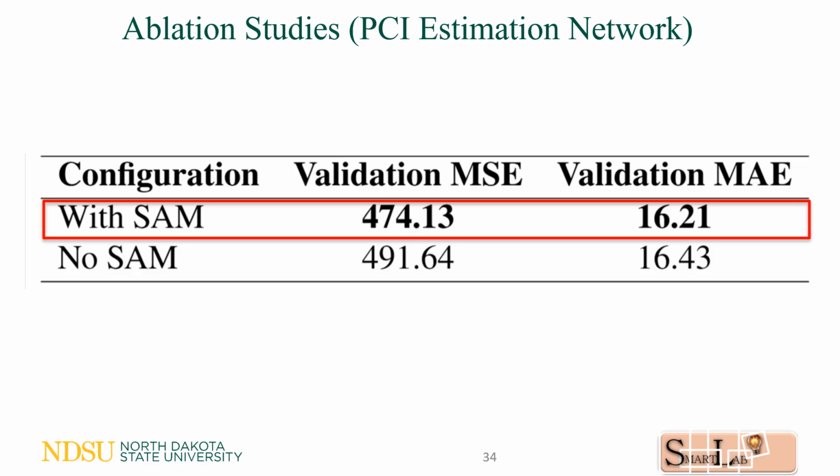And without the mask, MSE increased to 491.64, and MAE also increased to 16.43. Now, this improvement is very modest, but it's very consistent because it indicates that providing explicit segmentation masks helps the network make more accurate PCI predictions.